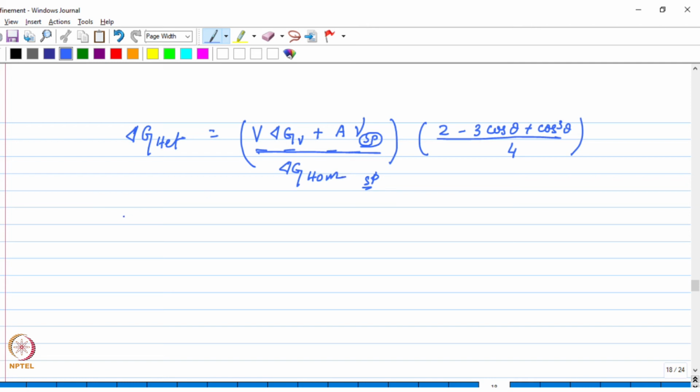And therefore we can write that delta G heterogeneous is equal to delta G homogeneous multiplied by a factor which depends on the contact angle.